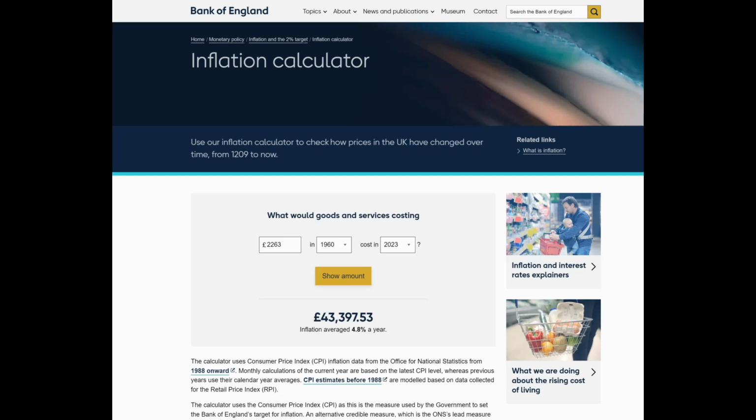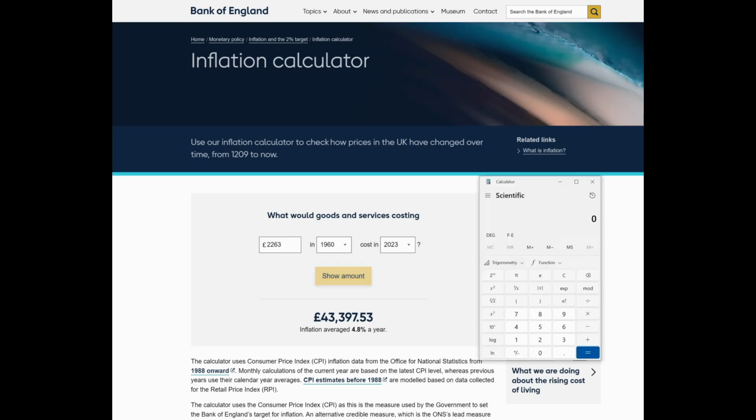But we know that in 2023 an average home cost just under £265,000. So what was the actual rate of inflation, the compounded rate of inflation each year from 1960 to 2023 when it comes to housing? So this is how we work that out.